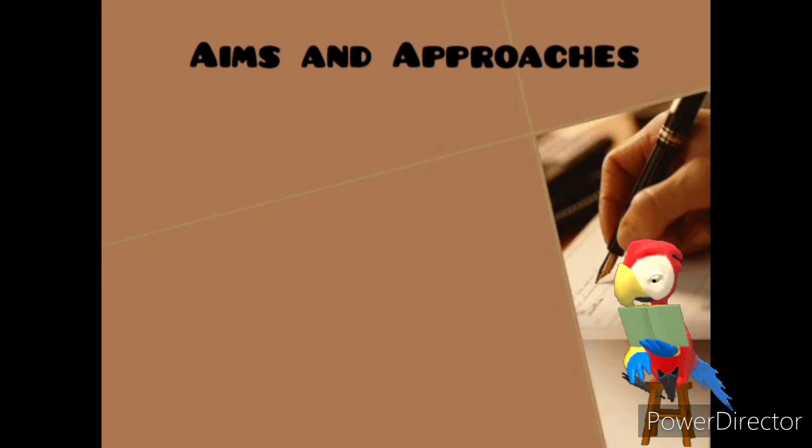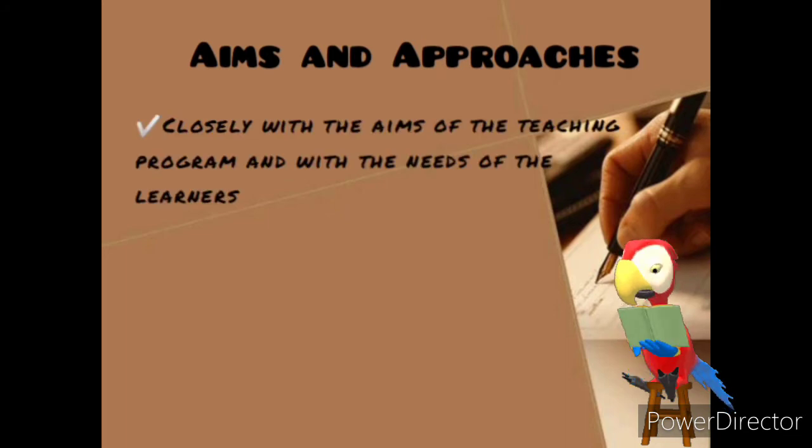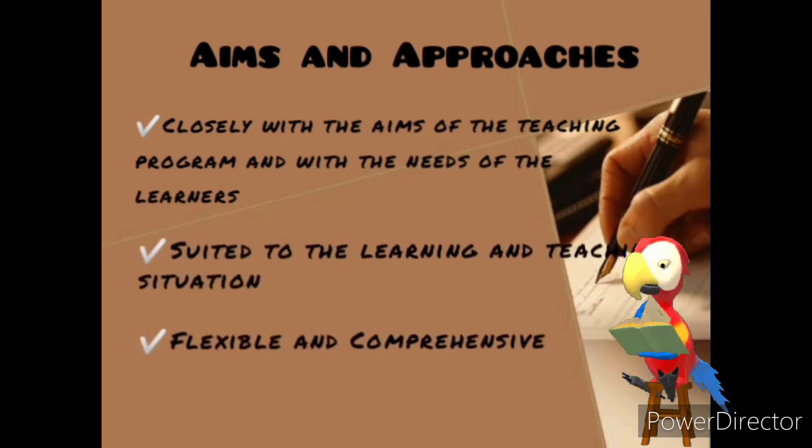The aims of this coursebook correspond closely with the aims of the teaching program and with the needs of the learners. According to the first analysis based on aims and approaches for evaluation and selection, it means the coursebook is suited to the learning and teaching situation. The coursebook is flexible and comprehensive because it includes pictures and illustrations.